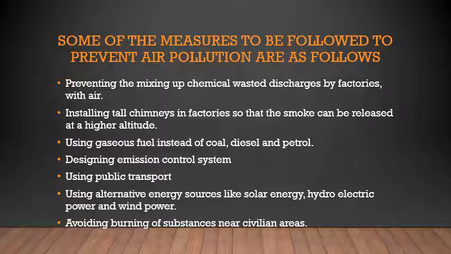Why do we have to protect our environment from polluting, children? Can anybody think why? Because today we are living in this world, and in the next 50 years, our future generation will be living on this world, and we have to make this a better place for them, and it should be a better place for us also.